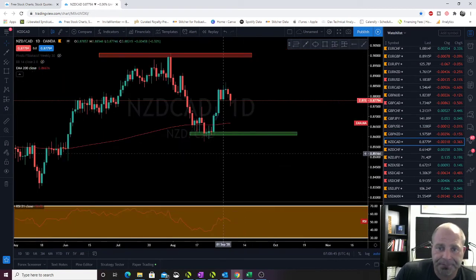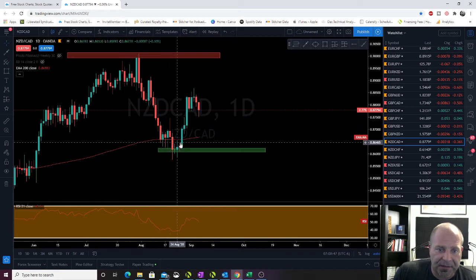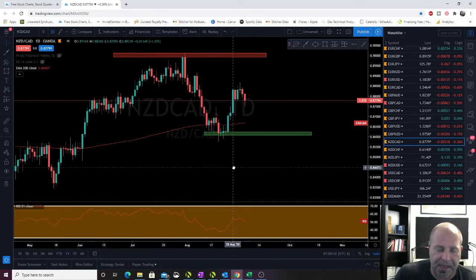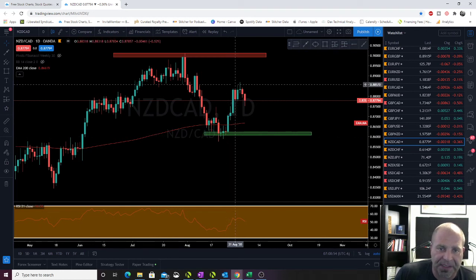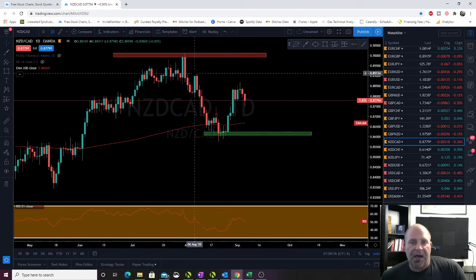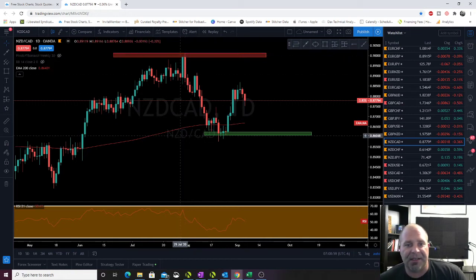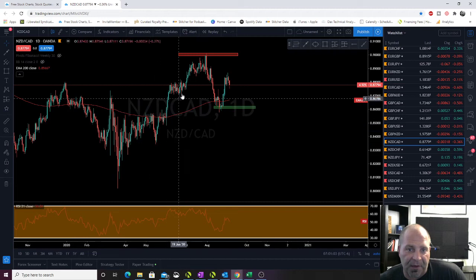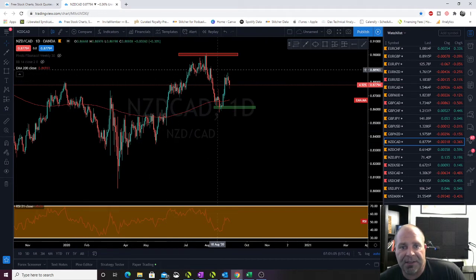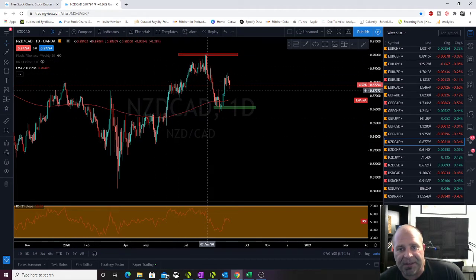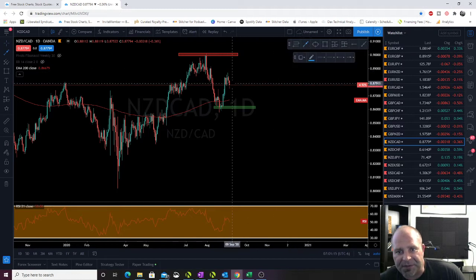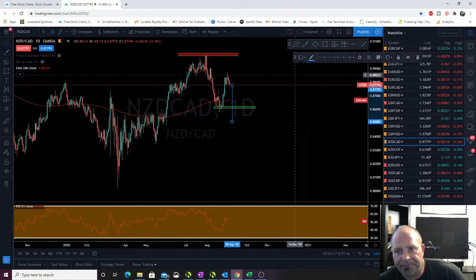NZD CAD. Okay. I can't really call this a break of the 200 period average, and then all the bulls kicked into gear again. But I think we might be seeing the start of a new downward trend, right? We went on this long upward trend, then consolidated, and now we went down, lower high. This would be a lower high, and we've all seen this pattern before, right?